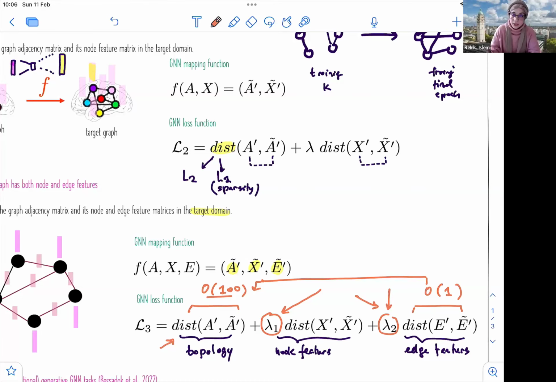The loss is so large, and this term is negligible compared to the first term. So to counter that, we add a lambda here, lambda 2 scalar, and we can set lambda 2 to 100, so we can balance things out.